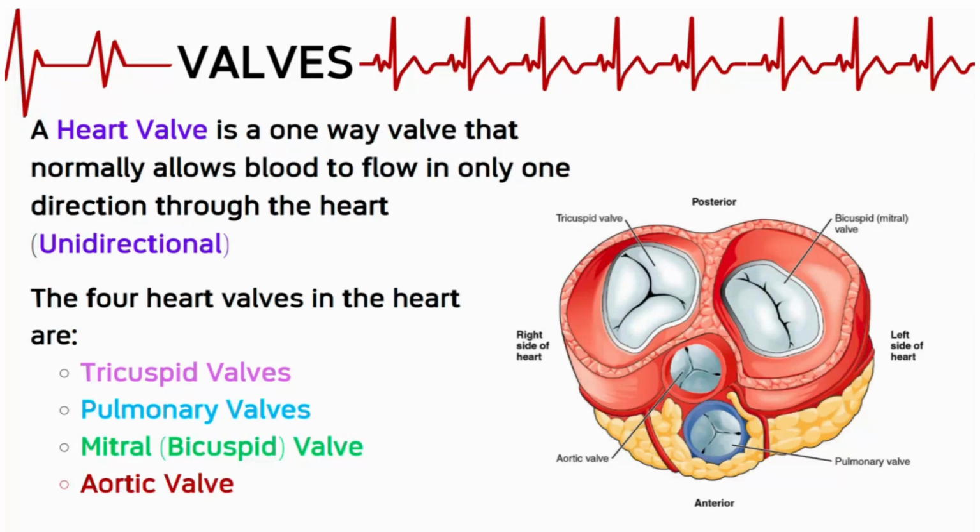Valves prevent the backflow of blood, and they are essential for the efficient working of the heart, and also the efficient working of our blood vessels as well. We will talk about valvular disorders in another class, but the 4 valves that you need to know are the tricuspid valve, the pulmonary valve, the mitral bicuspid valve, and the aortic valve.